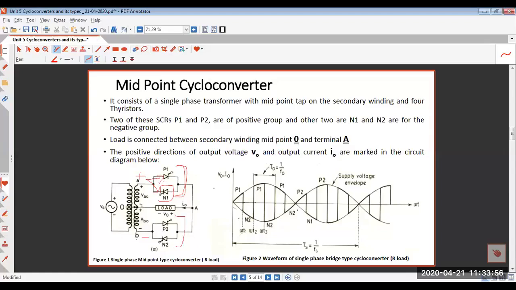Similarly, in this pair of SCRs, P2 is reverse biased because the anode is under the effect of negative voltage, and N2 is forward biased because the cathode is connected to negative, so it is forward biased.